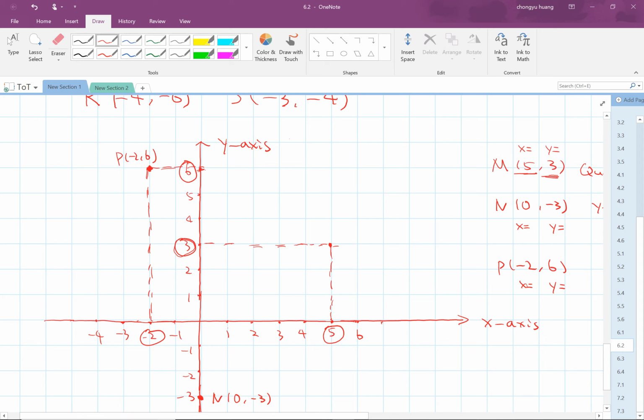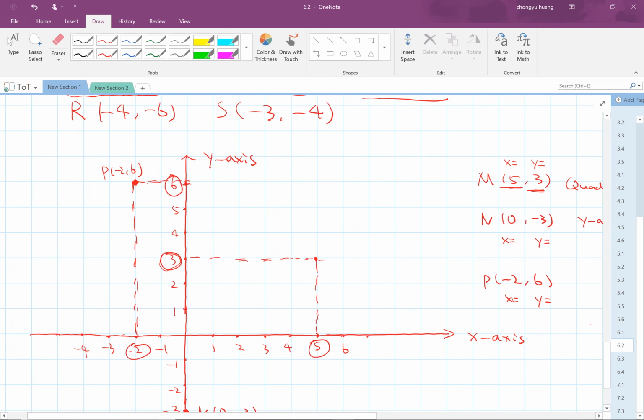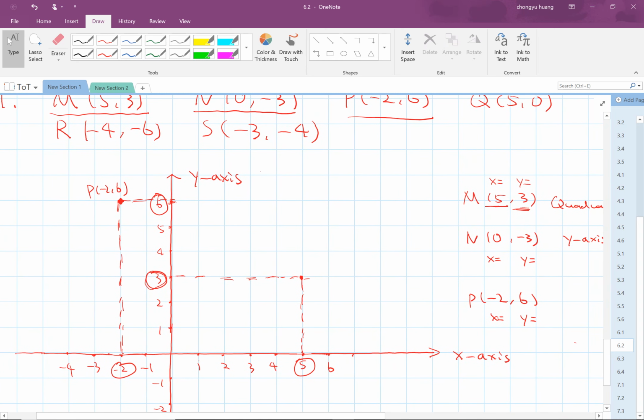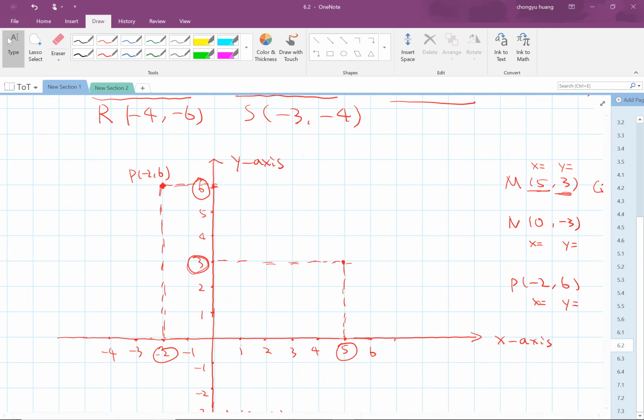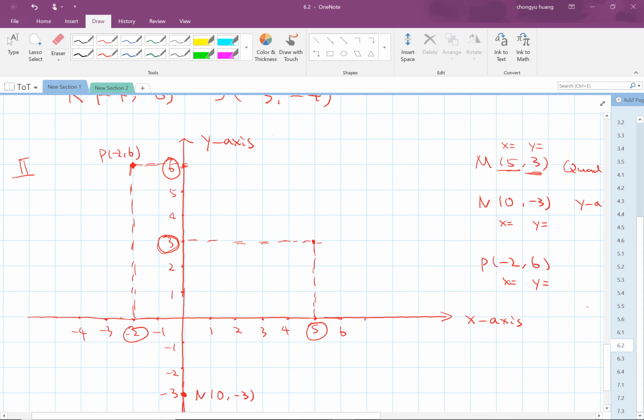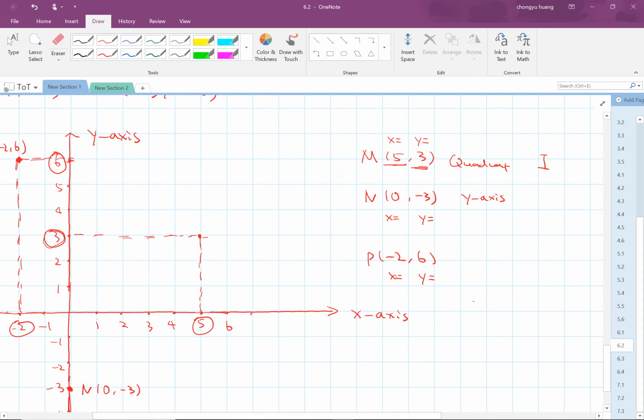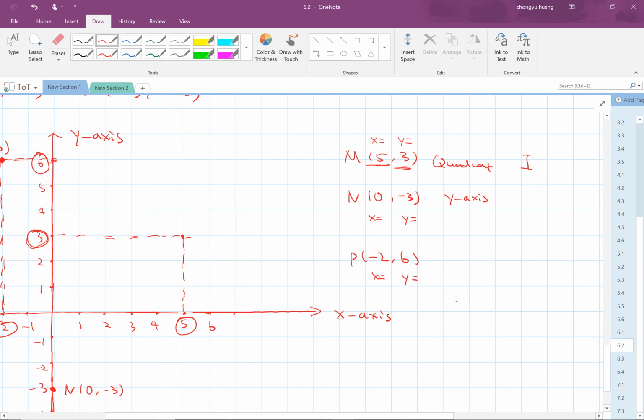You can also see that this P is located in quadrant 2, right?